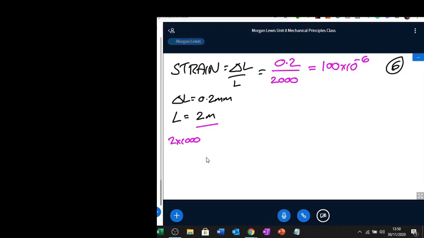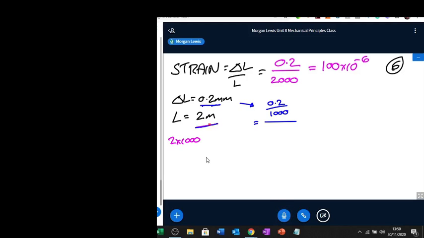Now, just to show you, you could do it in meters now. 0.2 millimeters is going to be 0.2 divided by 1,000. I'm going to do it now in meters just to show that you get the same answer. So 0.2 millimeters is divided by 1,000 to get it into meters.